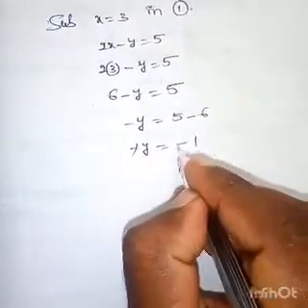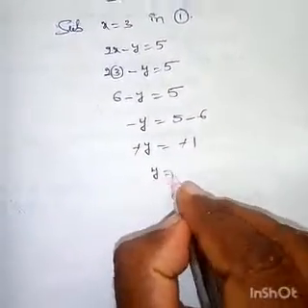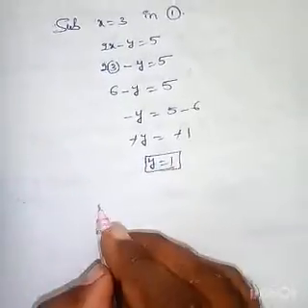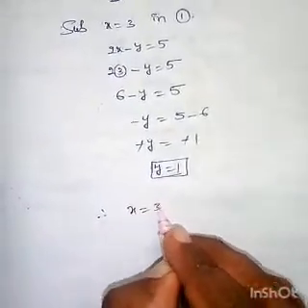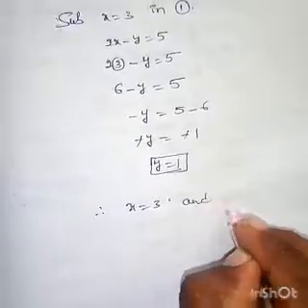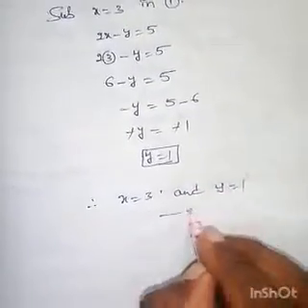So here minus minus get cancelled, so y equal to 1. Therefore the values are x equal to 3 and y equal to 1.